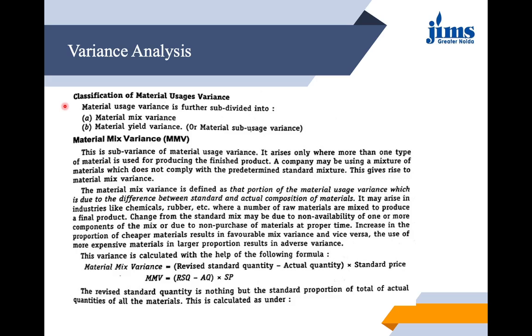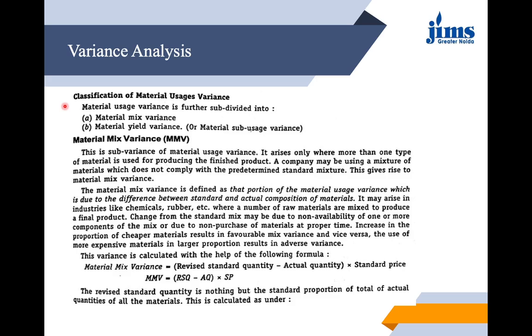So it may arise in industries like chemicals and rubber, where a number of raw materials are mixed to produce the final product. One more thing here is the proportion used, like sand and cement, may be changed to save the cost, and in that case obviously the quality will deteriorate. Suppose the constructor is using less cement and more sand, cost would be saved, but it would affect the quality.